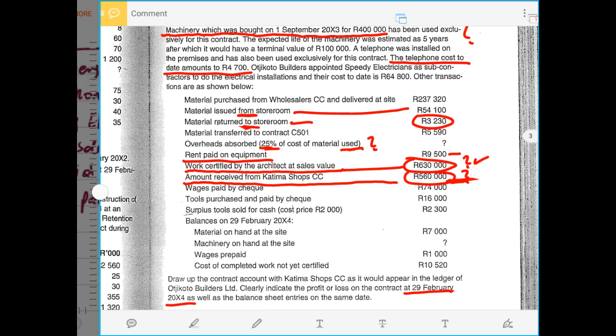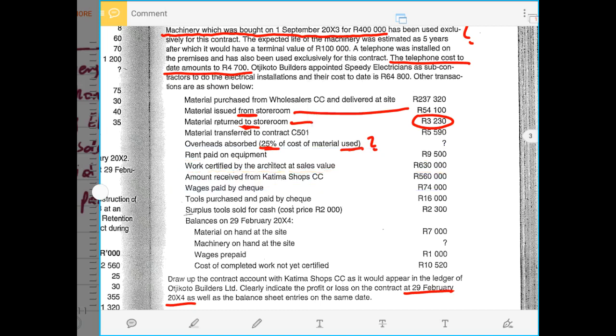Because the retention amount is the amount that the client withheld because of some emergency, in case maybe there is something unsatisfactory in terms of the quality of the work that we have done for the client, then the client will be able to say, please complete this work because you still owe me, because the client still has money on his side.